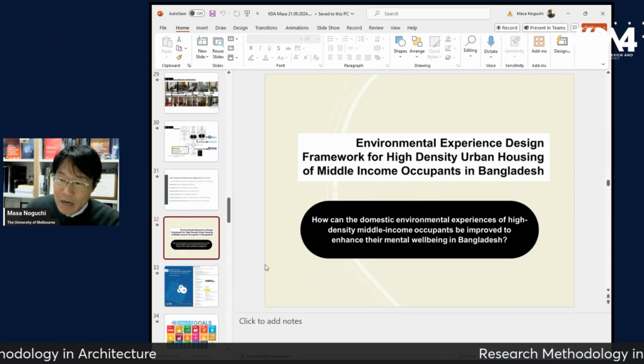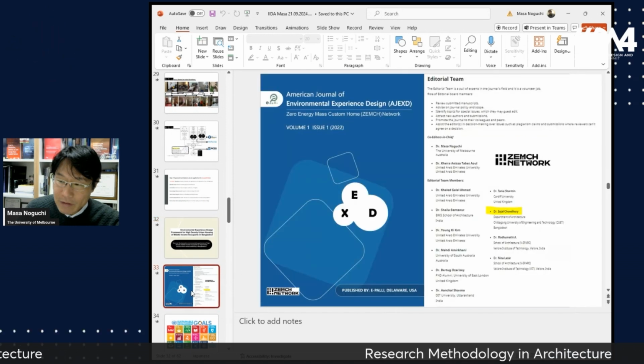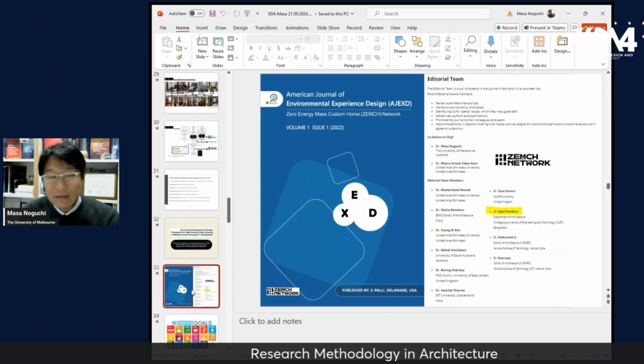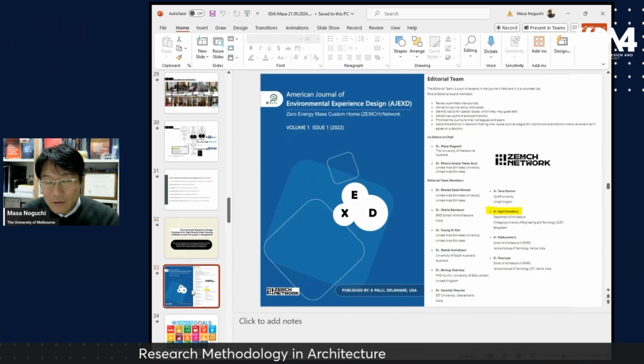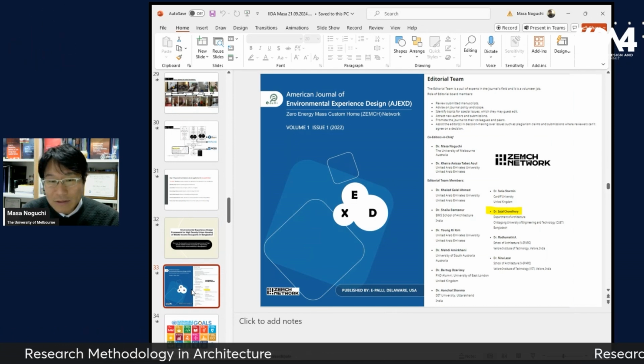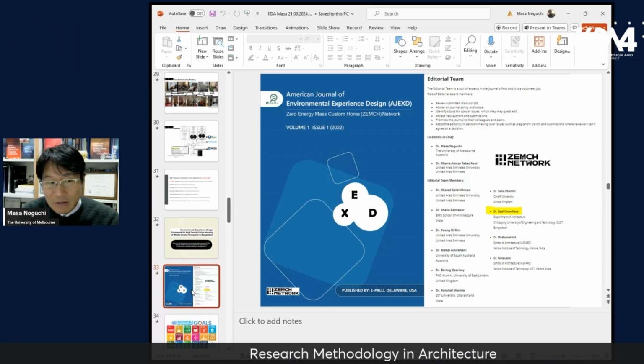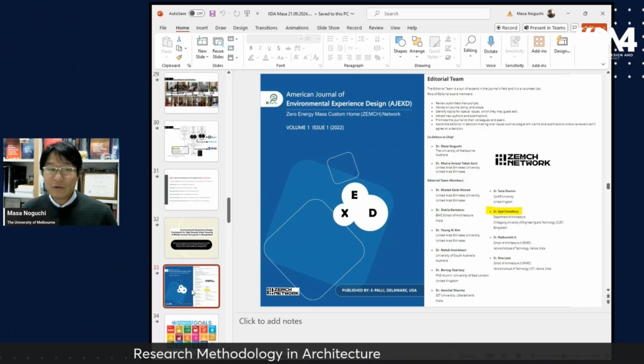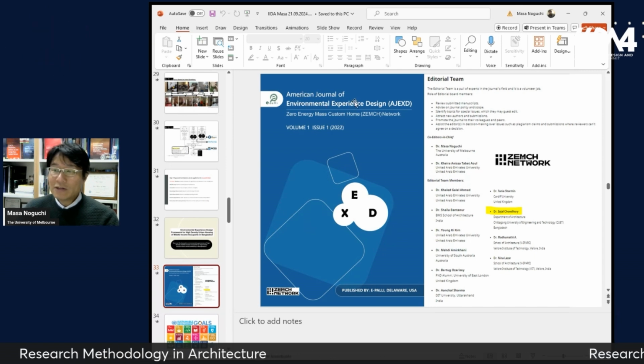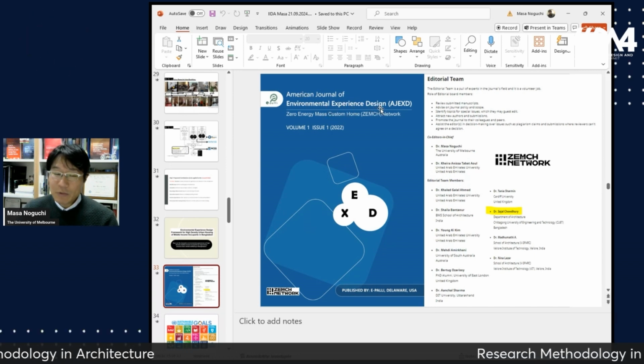wellness in Bangladesh? And after he conducted the research, his research developed a ripple effect and led to the establishment of a brand new journal, the American Journal of Environmental Experience Design.